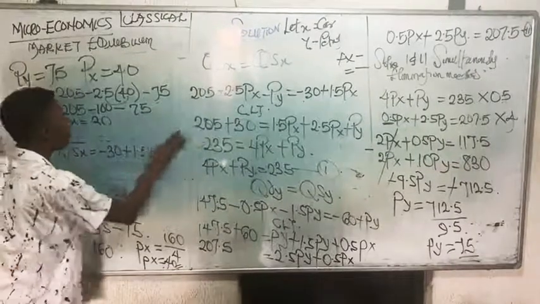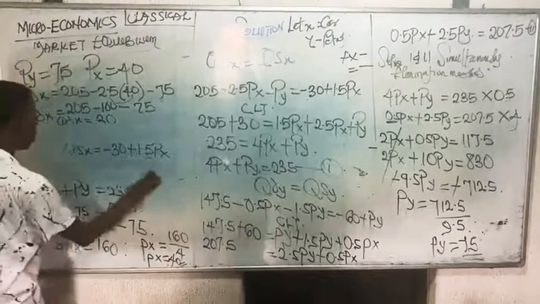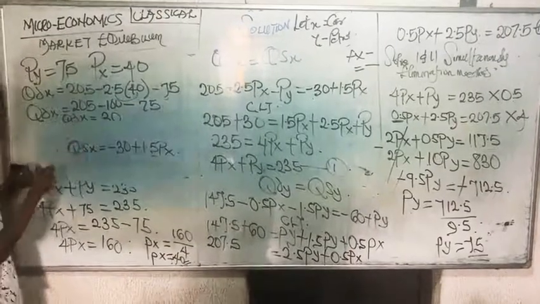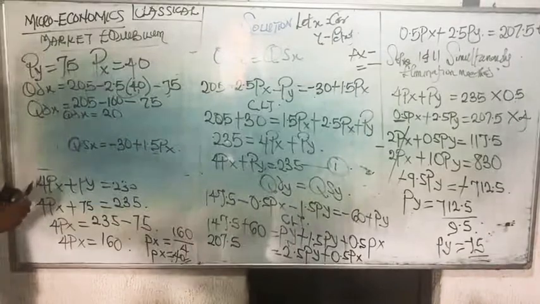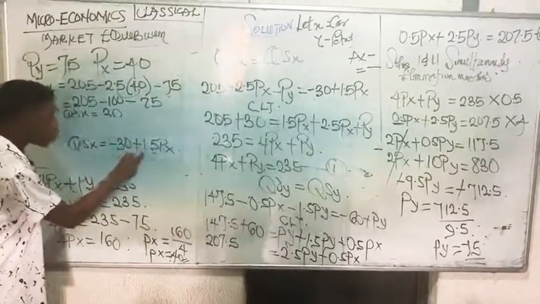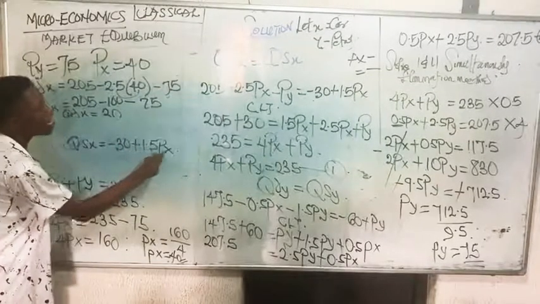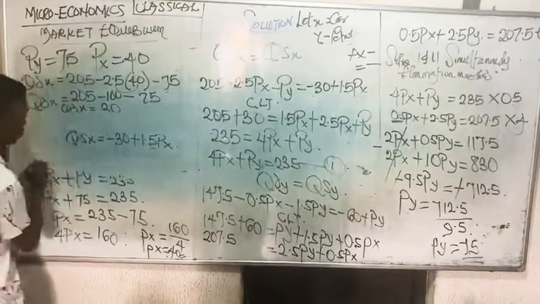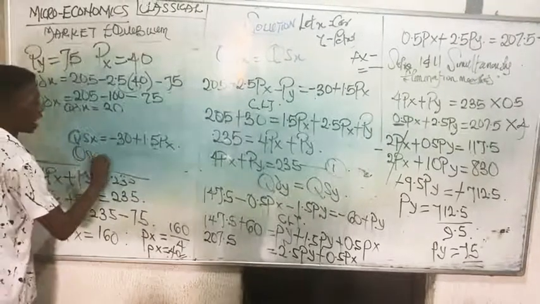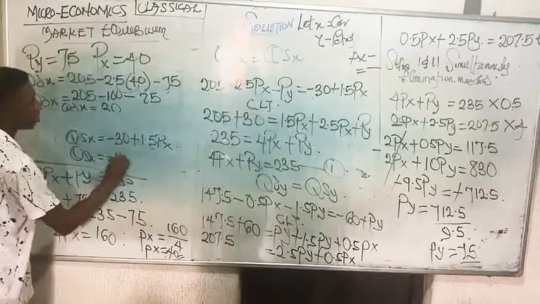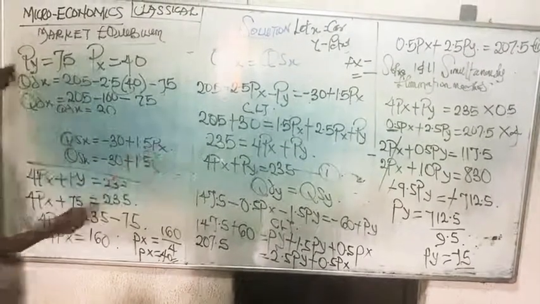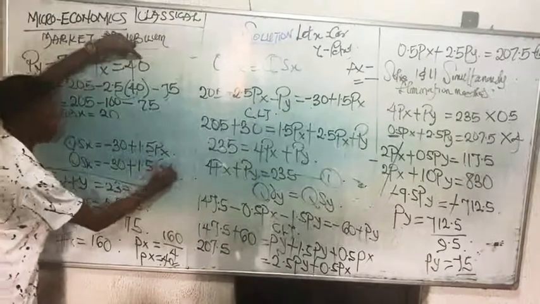QXX equals minus 30 plus 1.5Px. Substituting, Px is 40.